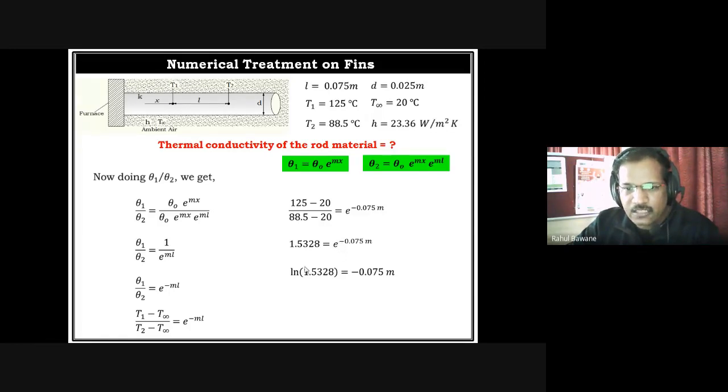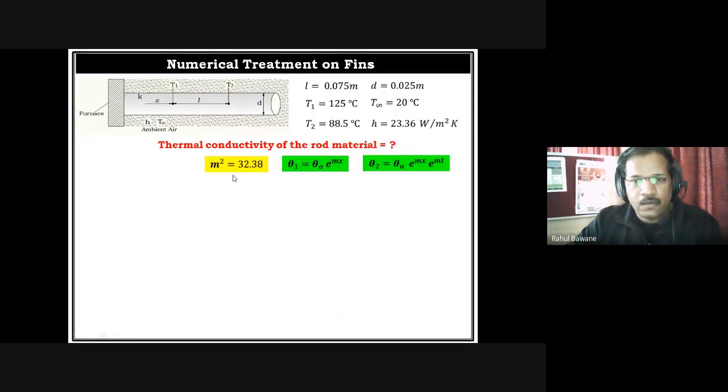So it will be ln of 1.5328 equals minus 0.075 m. Now it is very easy to calculate the value of m. m will be minus 5.69. Now this is the value of m and it is negative. So we will square it. So m square will be now a positive value, 32.38.